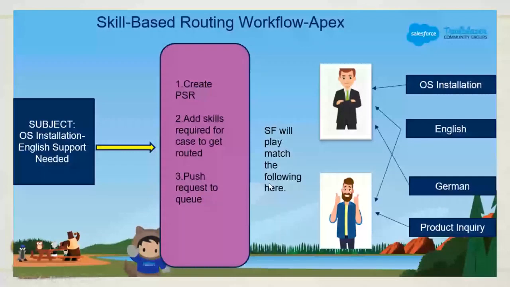Then Salesforce will match the subject with the skill IDs, and route it accordingly. As I said, for OS installation I need English support. That means this agent has the required skills according to this subject, so the case will be assigned to this person.